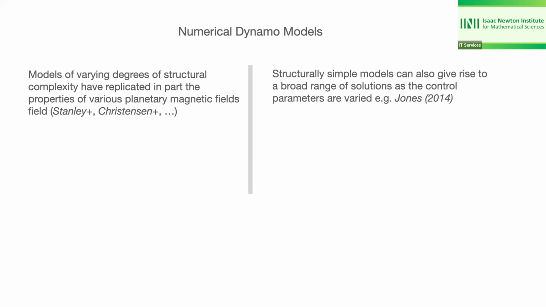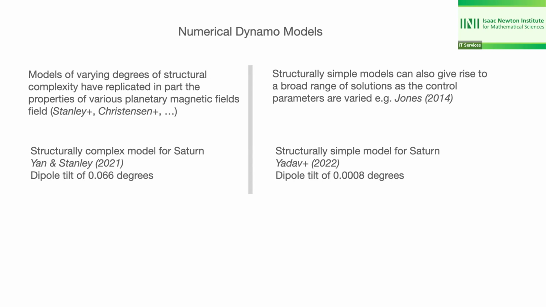And Chris Jones's work back in 2014 showed how a Jupiter-like simple model could produce quadrupolar fields, hemispheric fields, dipolar fields, just by looking at different parts of parameter space. And an example of this is trying to explain the very small dipole tilts that have been observed by Cassini for Saturn.